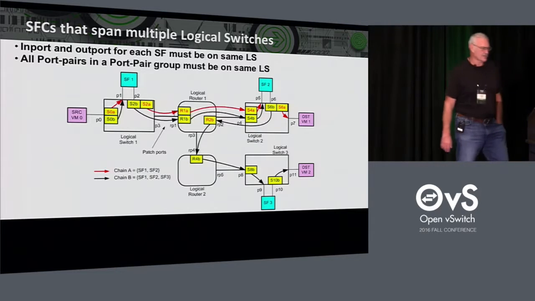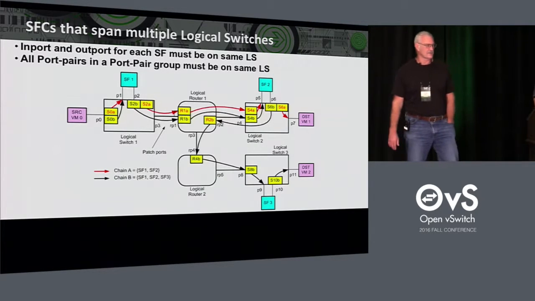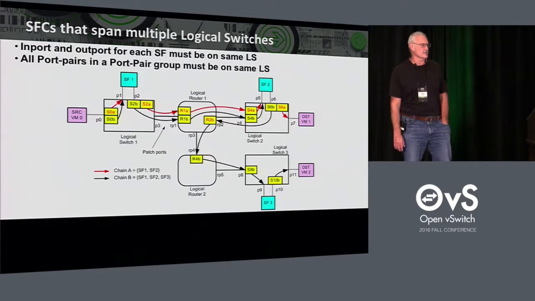Okay, so what we've described so far is really service chaining on a single logical switch. What we'd probably like to do is to be able to have service chains that actually span multiple logical switches. What we show here is, in fact, 3 logical switches, and they would be connected via a number of logical routers.